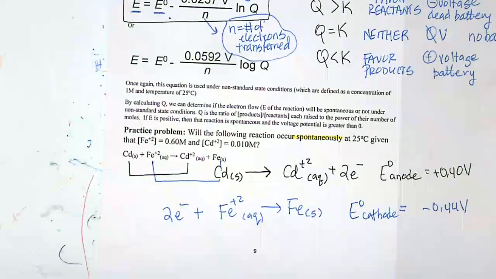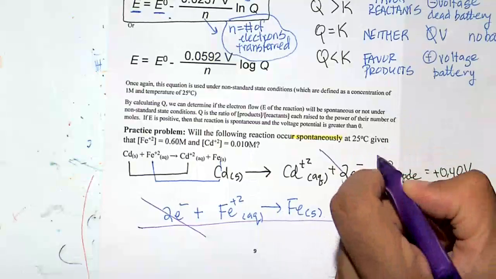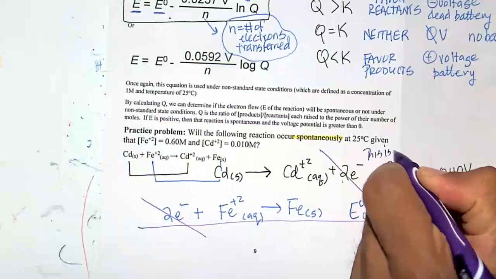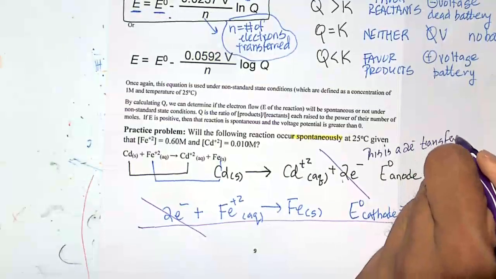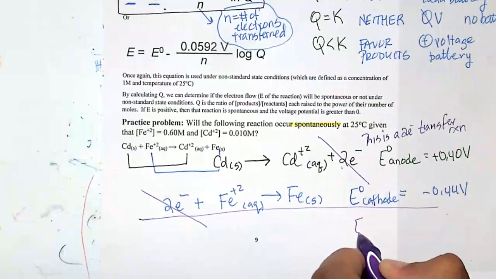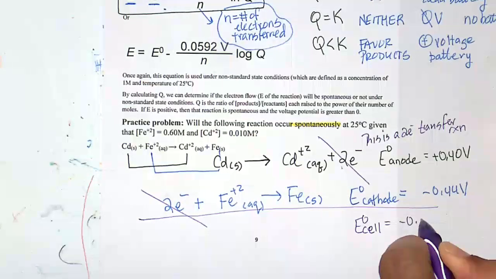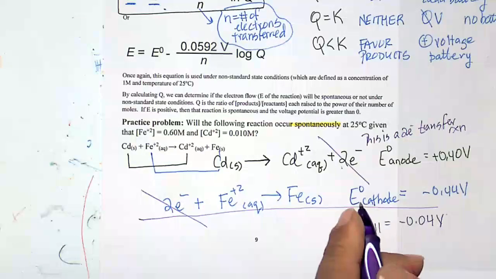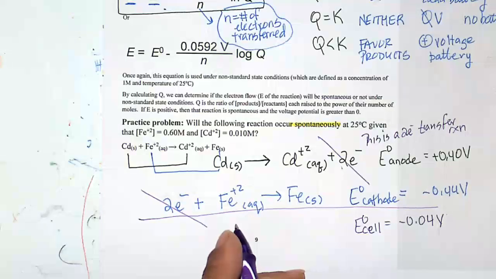All right, so now we got that. This is a 2 electron transfer reaction. So this makes this Ecell negative 0.04 volts, right?